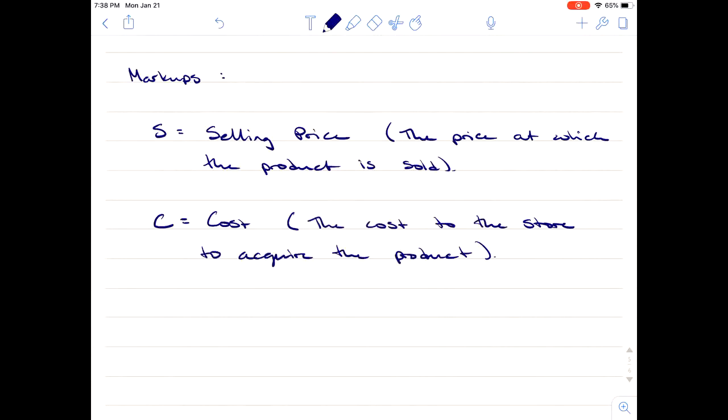If you're thinking about the supply chain, and you're the store, you're the final frontier here, then the cost to you is going to be the same as the net price. So at the store level, the cost is the same as the net price.